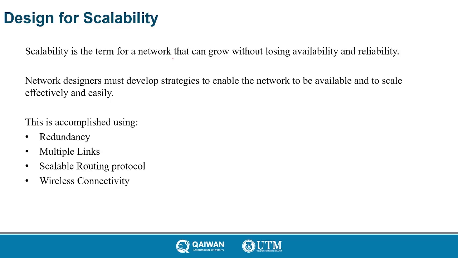So if I have availability and reliability after expanding my network, it means that my network was scalable. So be aware of this term, scalability. When we have scalability, we need to make sure that we have reliability and availability.